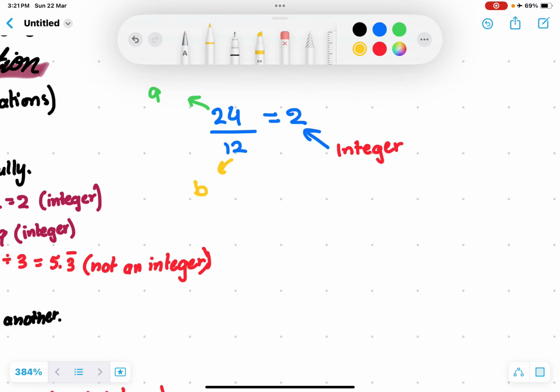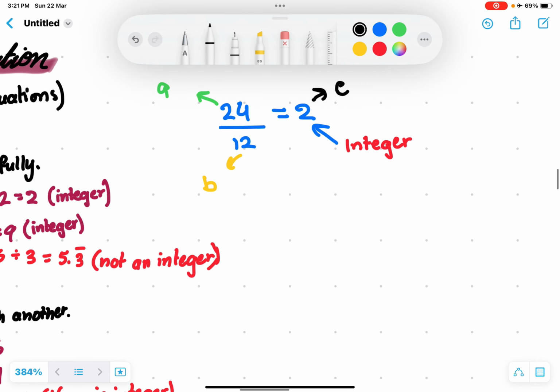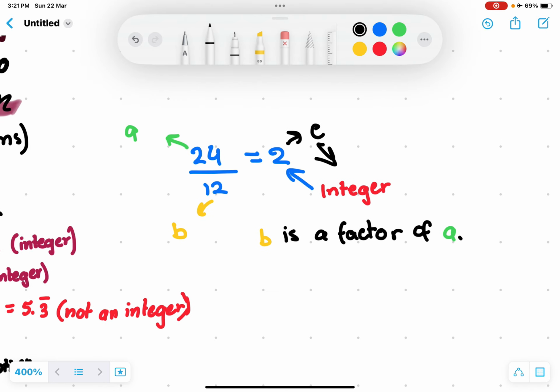Let's just call it our I, our integer. Actually, let's just call it C. So when we divide A by B and you get C, which is an integer, that means that B is a factor of A. Now, another thing to note over here is that B is only a factor of 24 if the C is an integer.